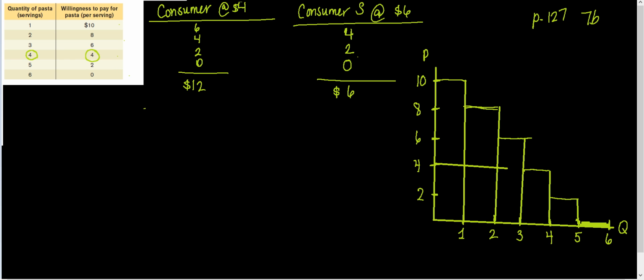Okay, well, we know that the consumer surplus for the case when the price per serving was $4 would have been the entire region above that first line. And then we know that the consumer surplus, I'll do it in a different color, for the case when the price per serving is $6 would have been this area above the line.